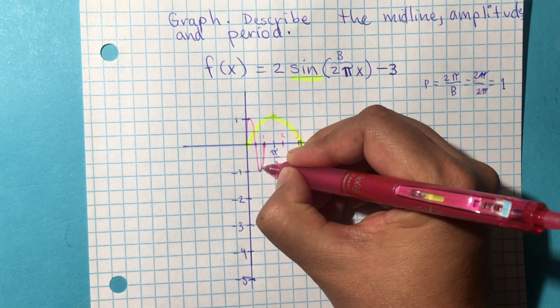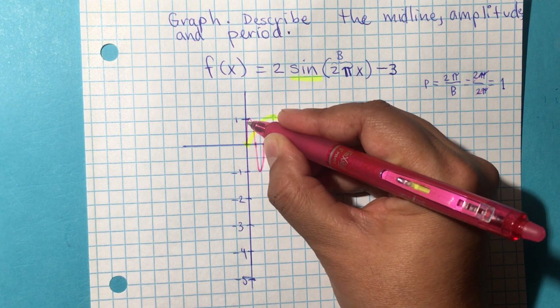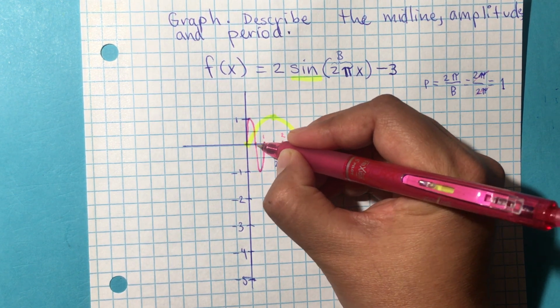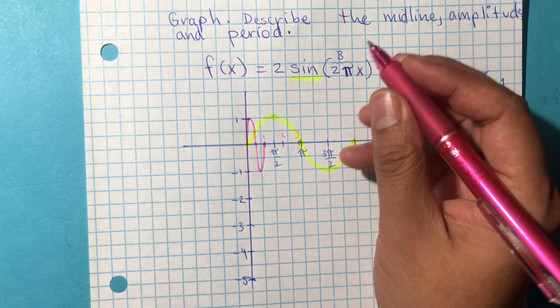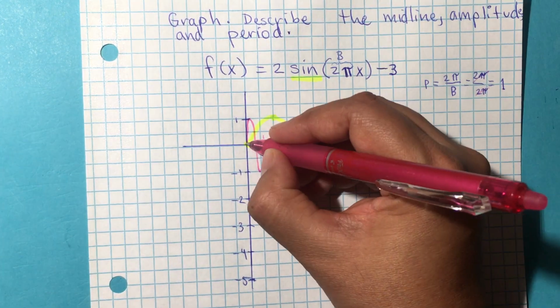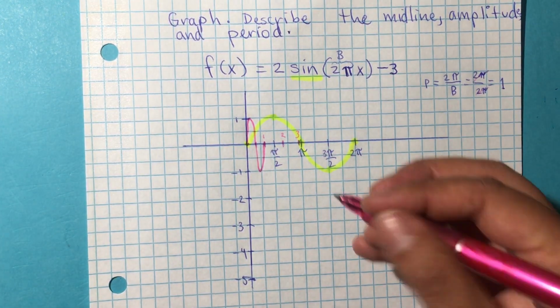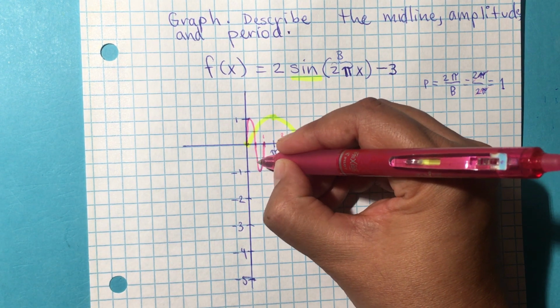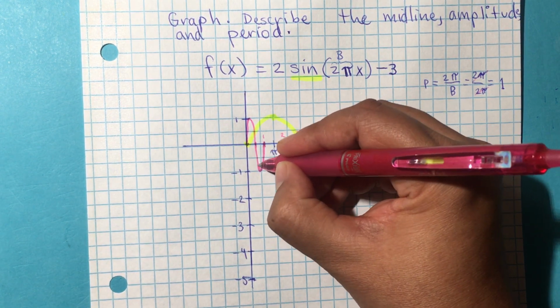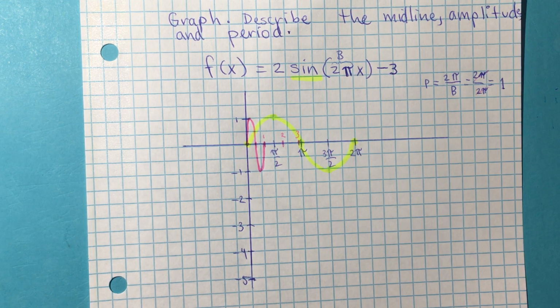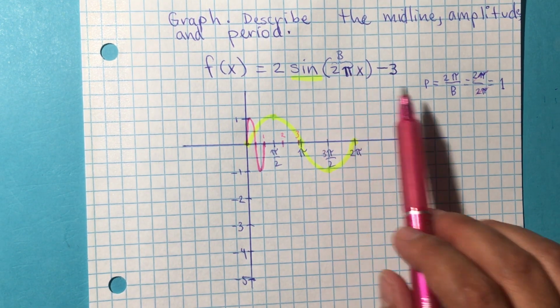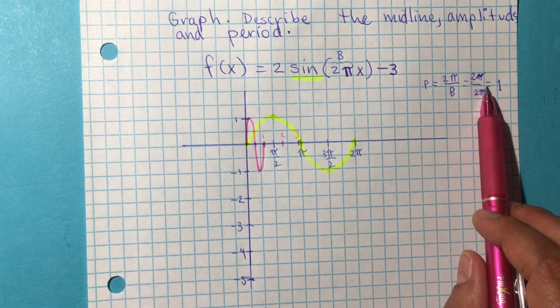So my new compressed graph, and this is the part that I said I cannot find that point and then move it up and down and then the amplitude. No, I need to do that part first and then be able to move it. Okay, so that's just that compression right there, the period.